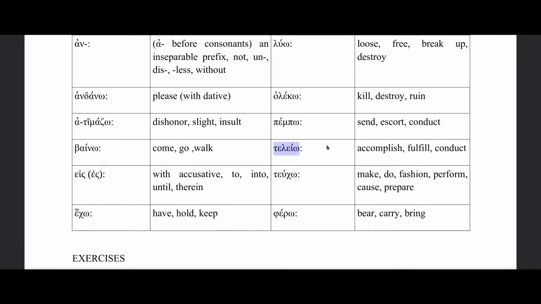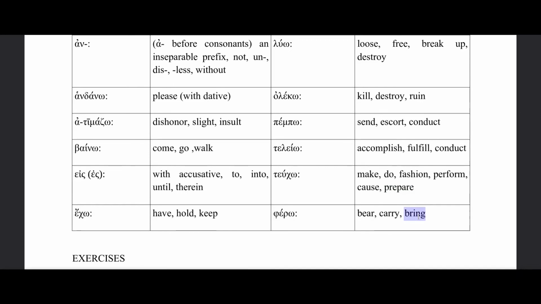And yet again, to conduct something. Teuko, to make, to fashion, to perform, to prepare something. And the last one, pero, bear, carry, bring.